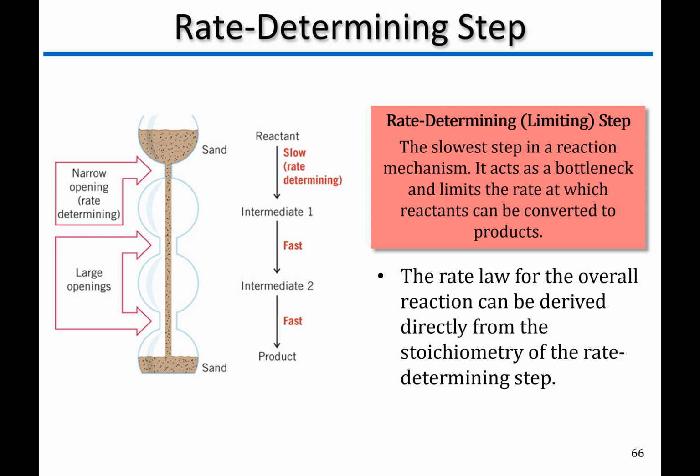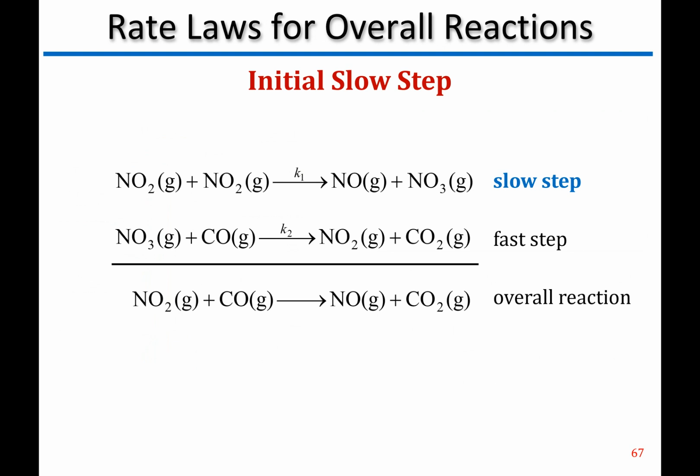And the overall rate law can always be determined from the rate determining step. The rate law for the overall reaction can be derived directly from the stoichiometry of the rate determining step. So if we take a look at this, we have NO2 plus NO2 gives us NO and NO3, and then we have a second step, and then we have an overall reaction.